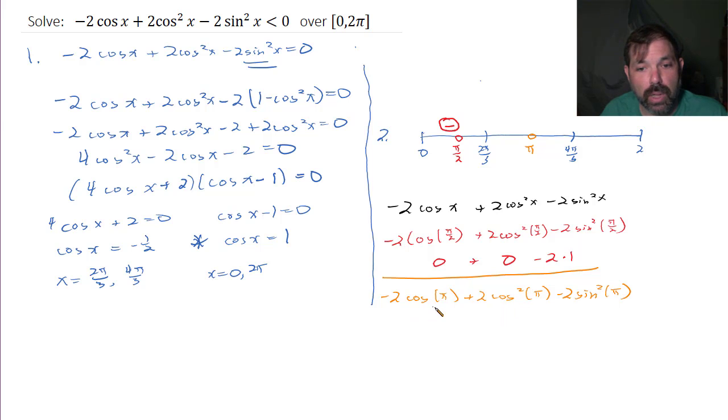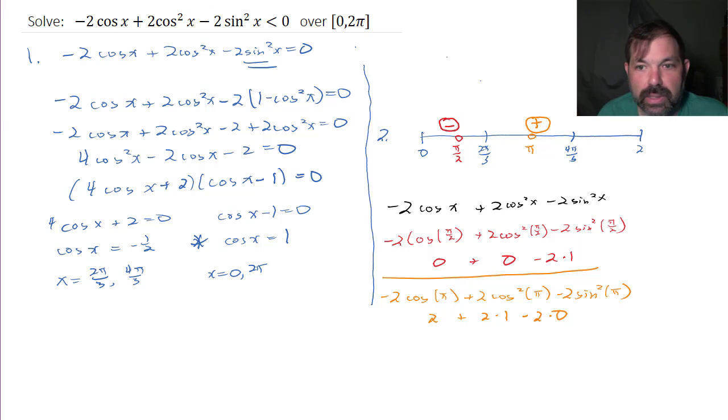The cosine of pi is negative 1, so I'd have negative 2 times negative 1 is 2, plus 2 times the cosine square of pi. Well, the cosine of pi is negative 1, squared is 1. Minus 2, the sine of pi is 0, so 2 times 0. So I've got 2 plus 2 is 4, minus 2 is still 4, positive.